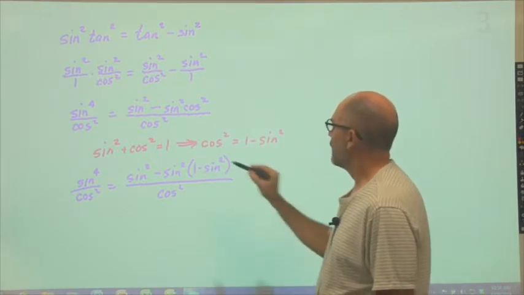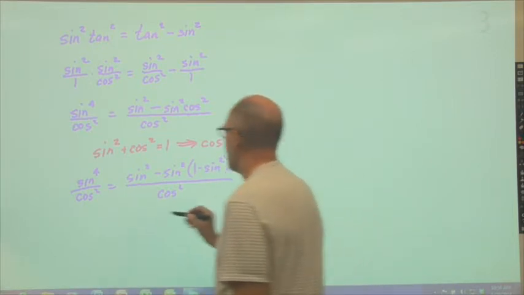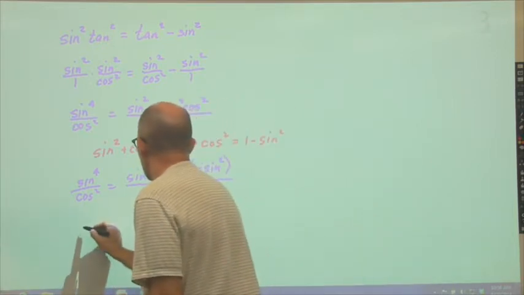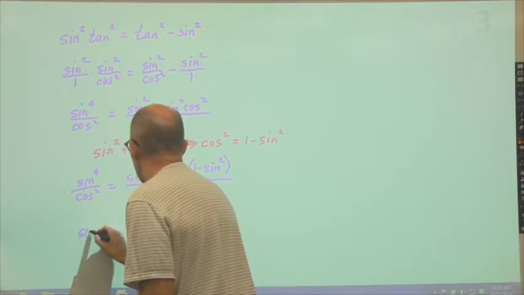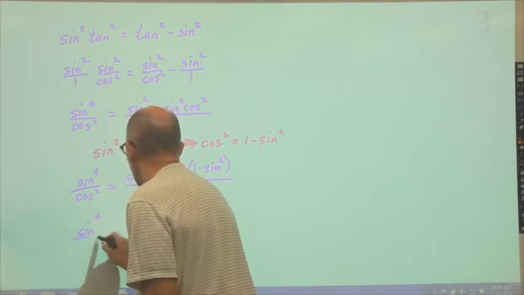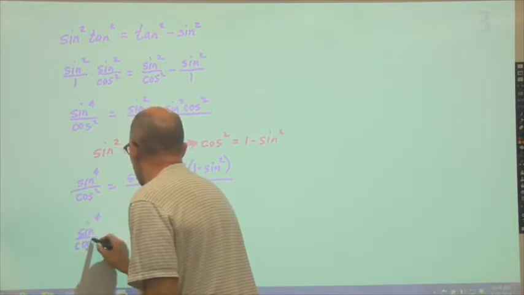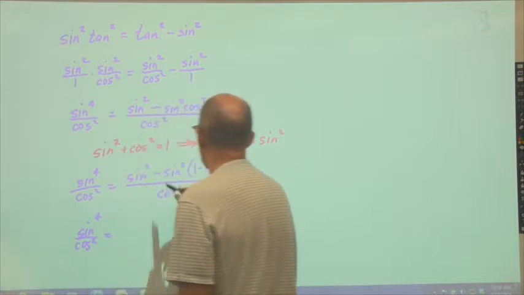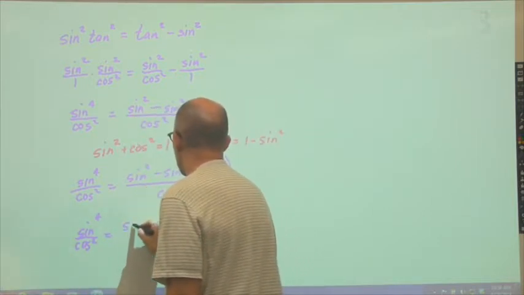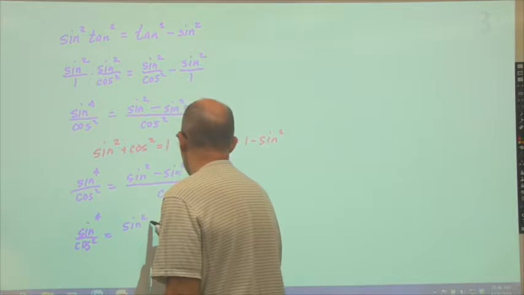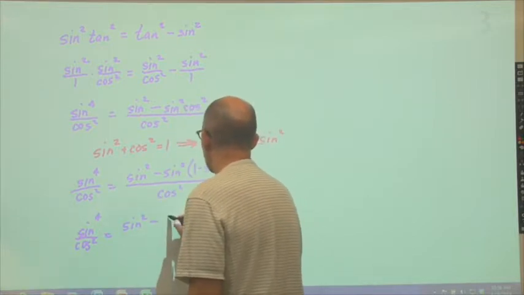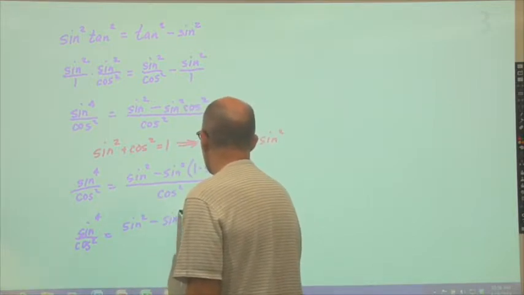Okay, now if I distribute this out, notice I have sine to the fourth over cosine squared equals, now, sine squared minus sine squared times 1 is just sine squared.